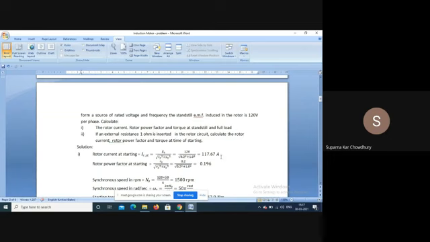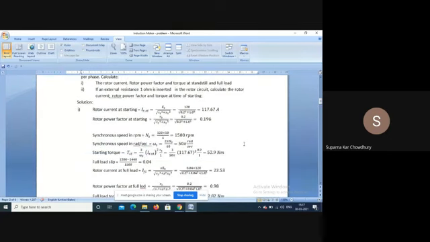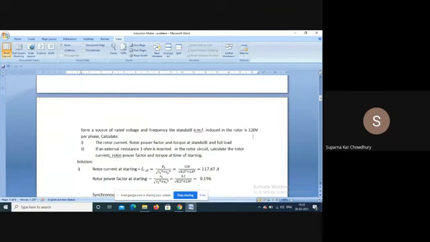So we have a wound rotor motor. Now the rotor current at starting is the per phase voltage in the rotor circuit divided by the square root of R2 square plus X2 square. Now here it is mentioned as 120 volt per phase.